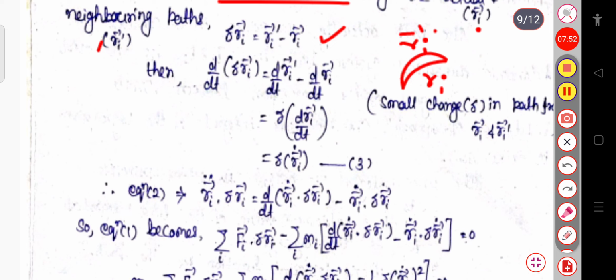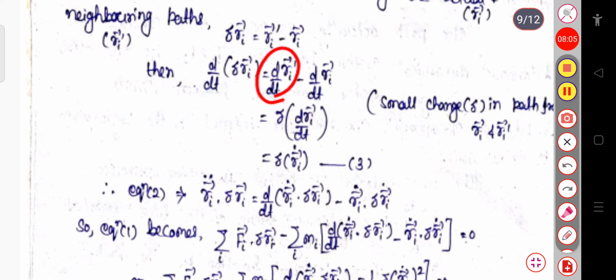If I take the derivative, d/dt of δr_i on the left-hand side equals d/dt of r_i prime minus d/dt of r_i. Similarly, the small change in the derivative of the function can be written as δ of dr_i/dt, which is also the change in this part. So δ of dr_i/dt is nothing but δ of r_i dot.